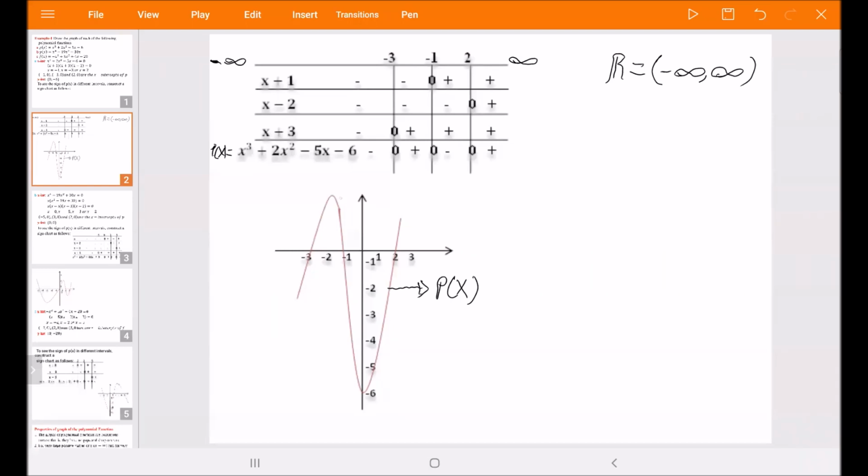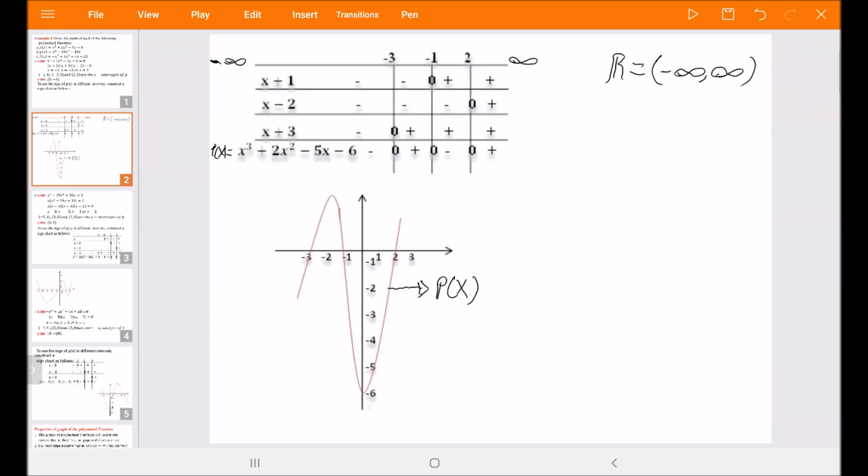So, for example, this peak is obtained between x equals -3 and x equals -1. We don't know where exactly it appears, but we can for sure tell that this peak is appearing between -3 and -1, and it is called a local maximum.